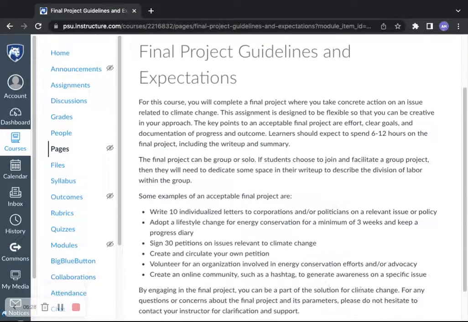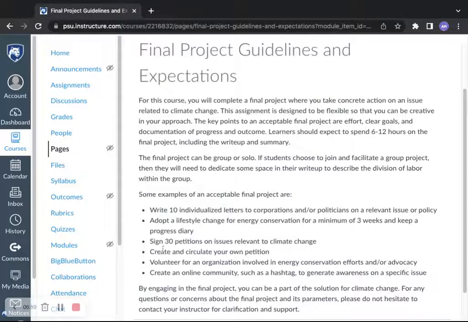So, for example, some examples of a final project in taking action would be to write different letters to different policymakers, to sign not just one petition, but a number of petitions, and show that you have research and knowledge and awareness of what those petitions are saying and how they're affecting things, or to even go as far as to circulate your own petition.